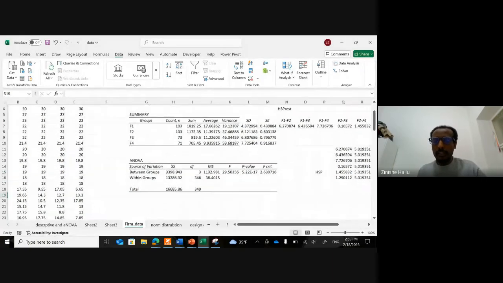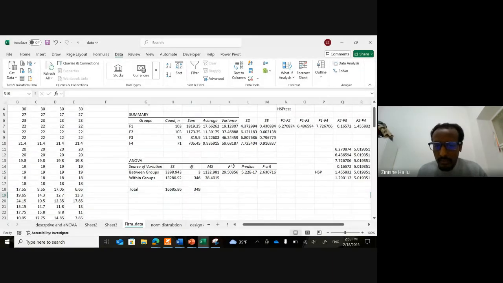So the very important parameters are here, the F value and P value. It says there is a significant difference between groups. The firmness of the food which is stored at temperatures of 1, 5, 10, and 15 have significantly different firmness values.